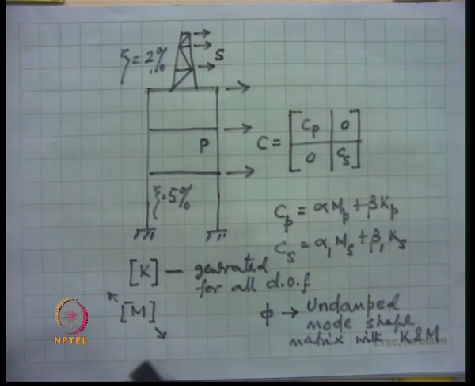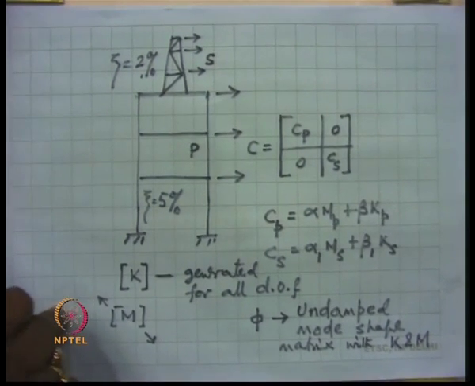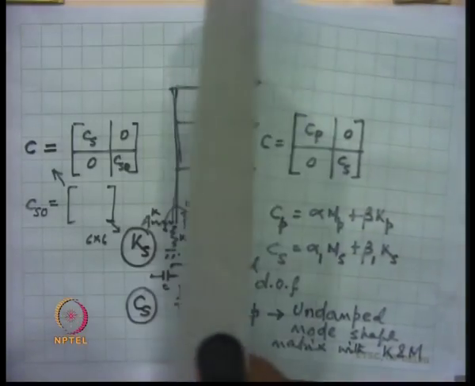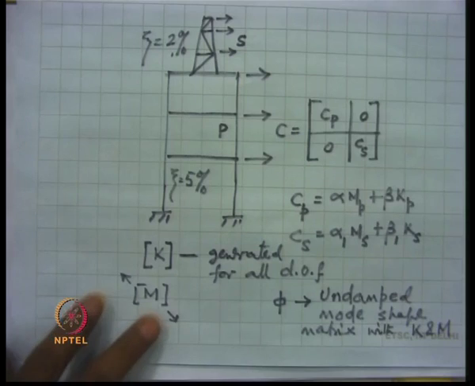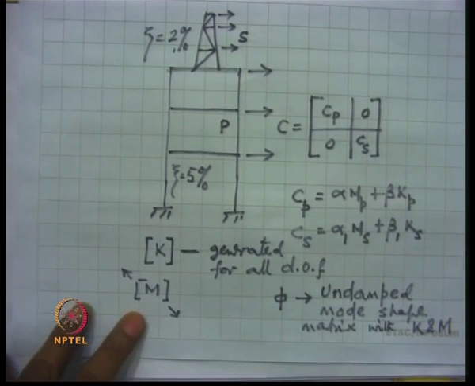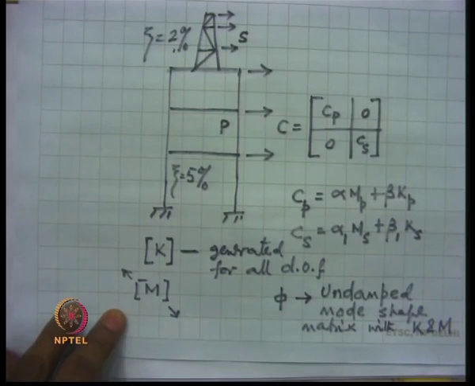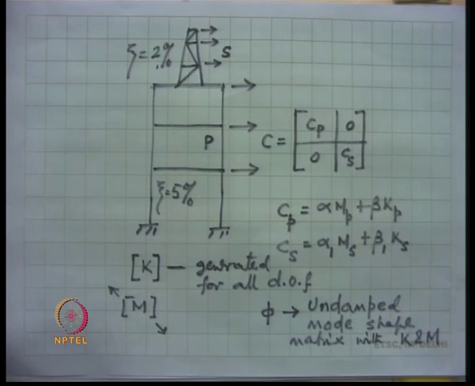And once we get these undamped frequencies and mode shapes, then one can try to decouple the equation of motion by writing phi transpose C phi, phi transpose K phi and phi transpose M phi. Of course, phi transpose M phi and phi transpose K phi will be diagonal. Phi transpose C phi will not become a diagonal matrix.